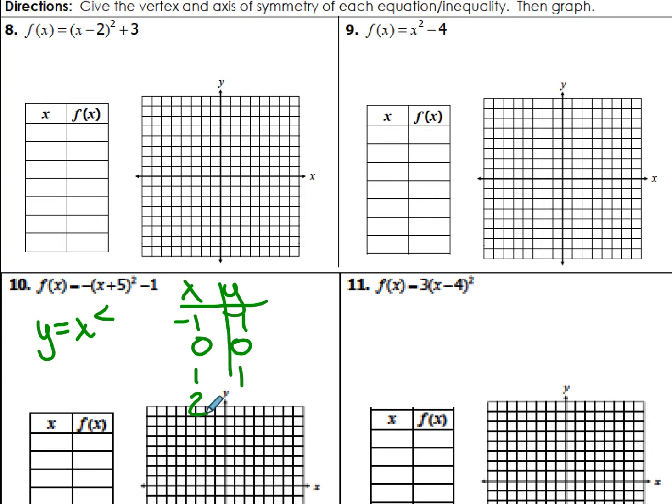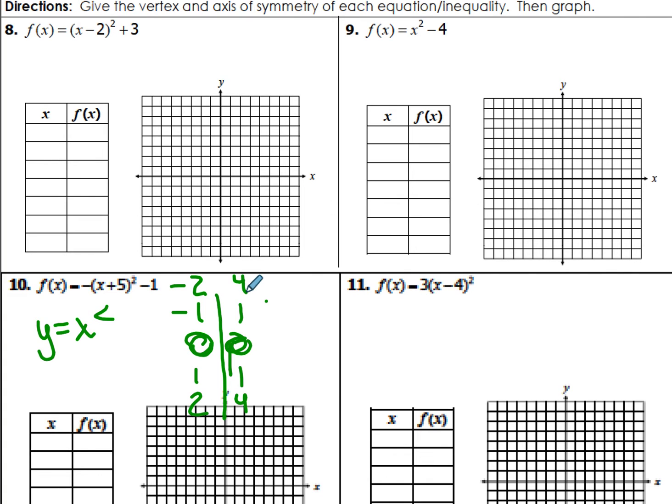If I plug in a 2, I get a 4. And if I plug in a negative 2, I get a 4 as well.